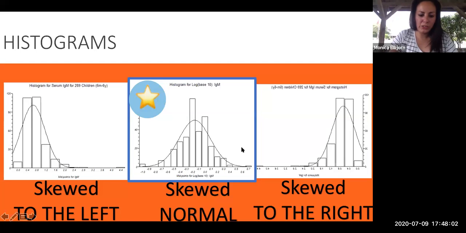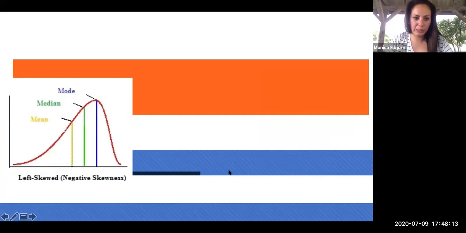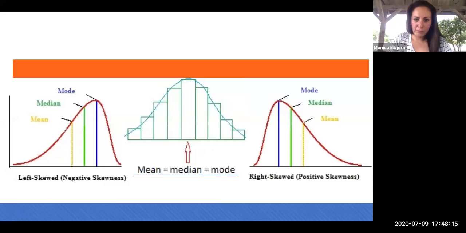For now, I just want you to know that the most important thing, in order to do some statistics, is that our data is normally distributed. If not, it'll be really hard. I put some examples over here. You can see that the mean, the median, and the mode, in the middle one, are at the center. Do you remember what mode was?